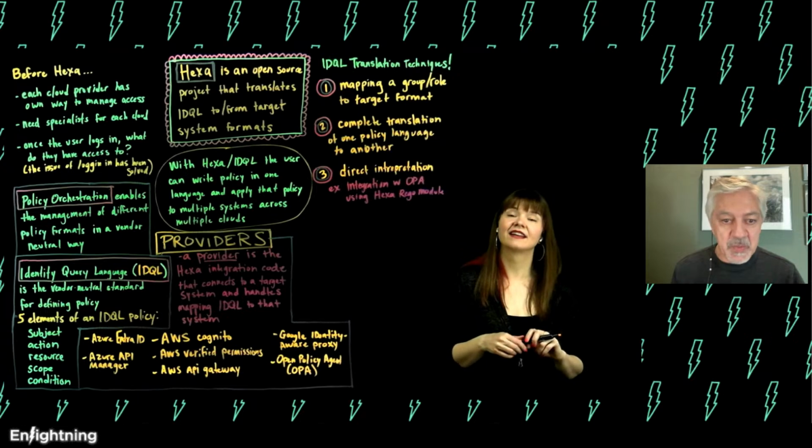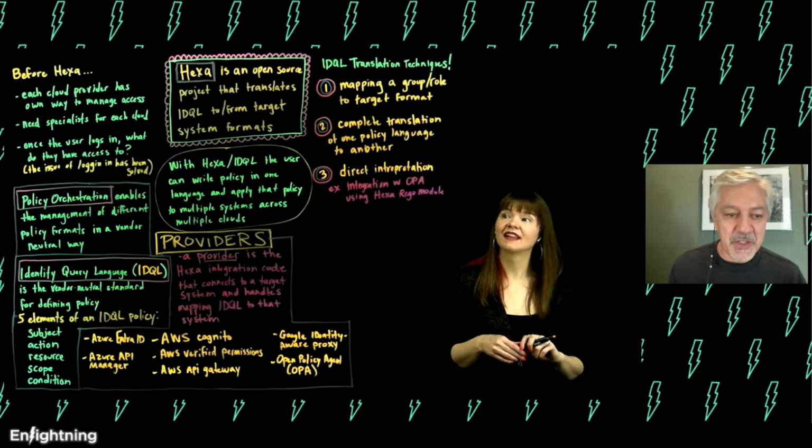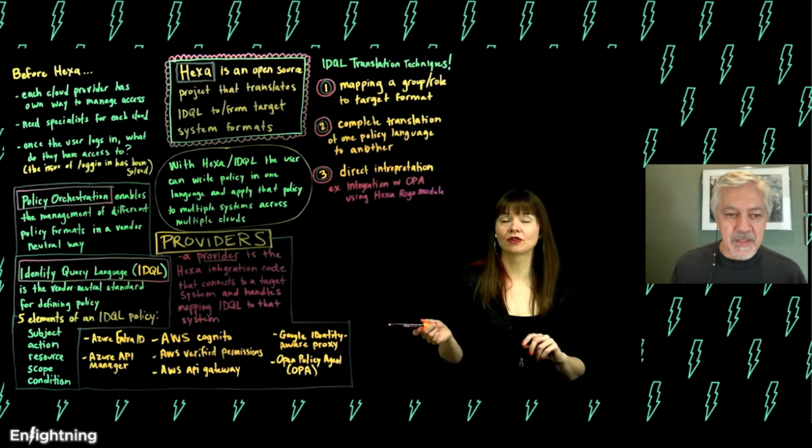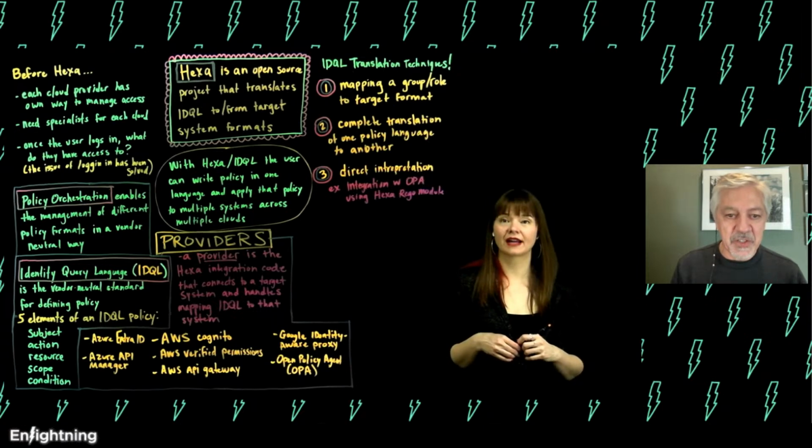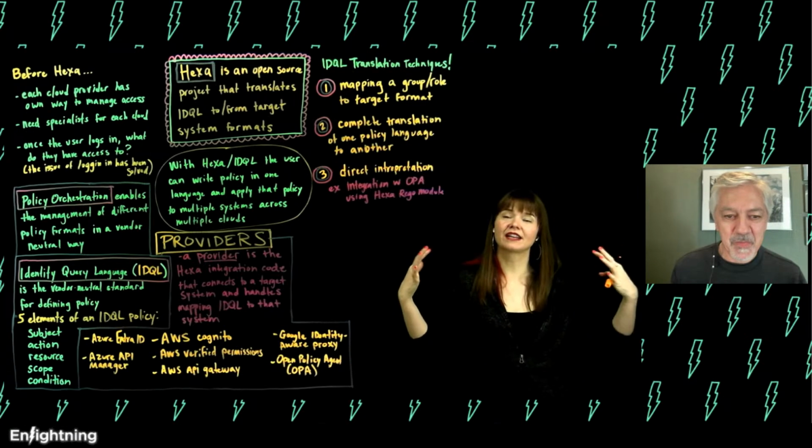It's probably most popular in the Kubernetes world. But you can use it as an alternative to the Amazon Verified Permissions, for example, that we mentioned previously. You could use OPA or Hexa or both. I would say OPA is comparable in many ways to Amazon Verified Permissions in their functionality. Okay, great. I still don't quite understand what Hexa does that's bigger than OPA.